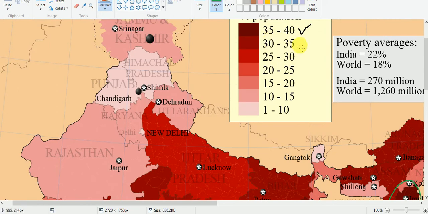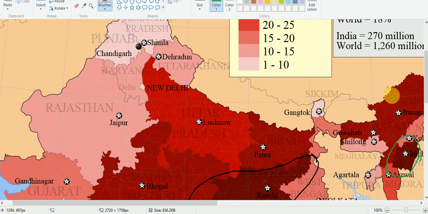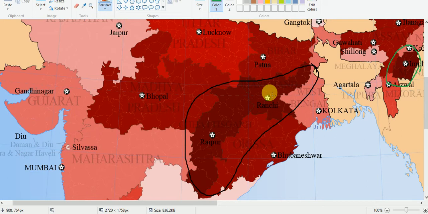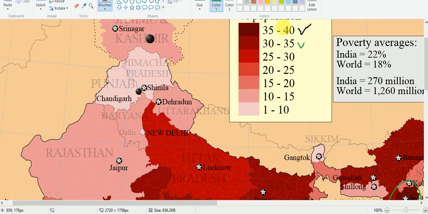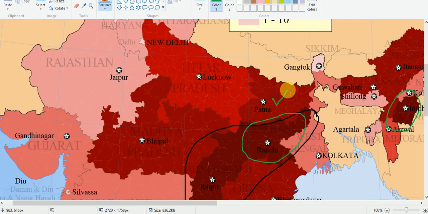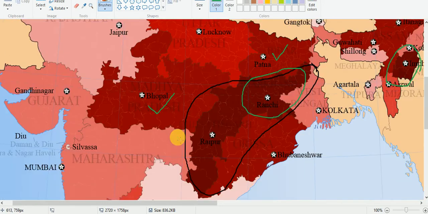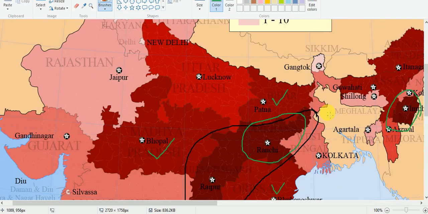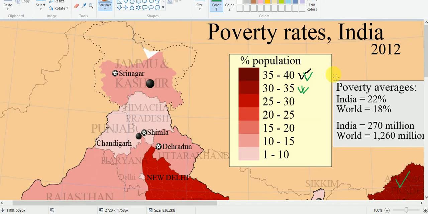And next we have these 30 to 35%. Here we have states like Madhya Pradesh, and then here also we have Jharkhand. This is for the first category, 35 to 40. And for the next category, 30 to 35, we have Bihar, Madhya Pradesh, Orissa, then Assam and Arunachal Pradesh. So these states are coming under this category.